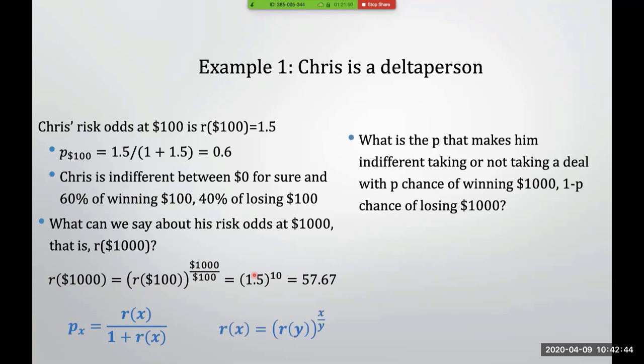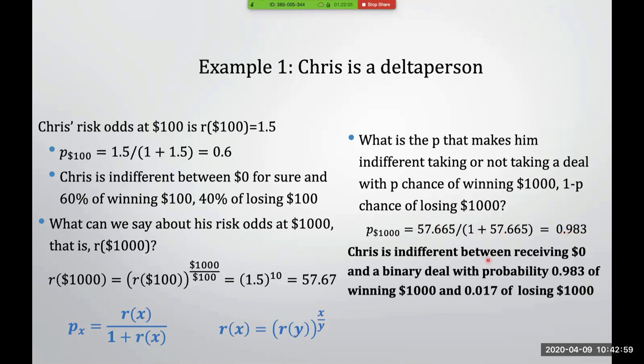Now, what is the preference probability for $1,000? That is just, using this formula again, the risk odds over 1 plus the risk odds, which is 98.3%. Chris will be indifferent between receiving $0 for sure and a binary deal with probabilities of 0.983 of winning $1,000 and 0.017 of losing $1,000.